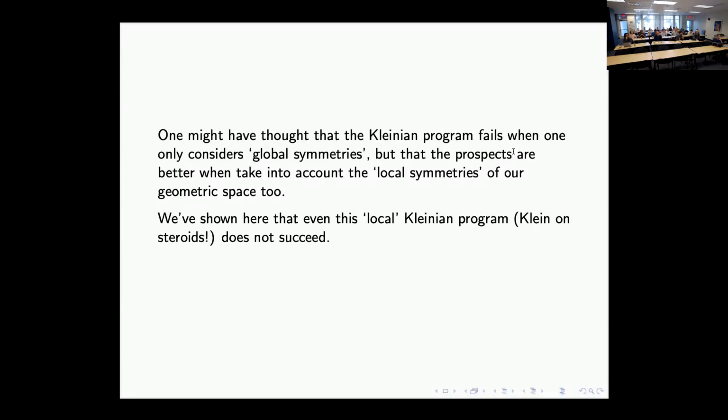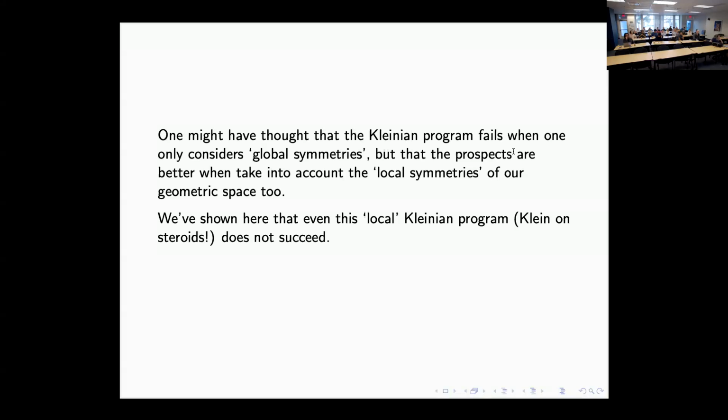Along a similar line, one might have thought that the Kleinian program fails when one only considers global symmetries of the spacetime, but that its prospects are better when you also take into account local symmetries. This is not the case, though. That's what we've shown here.